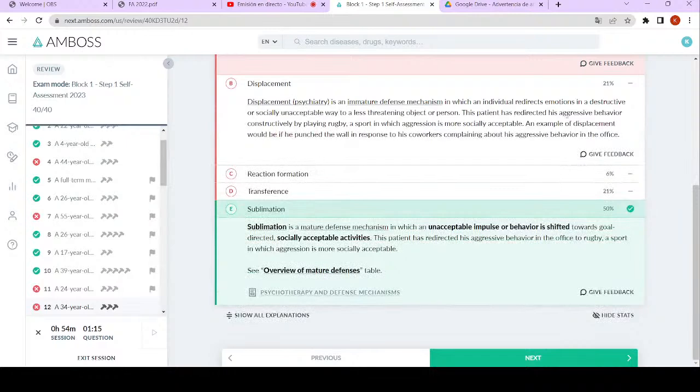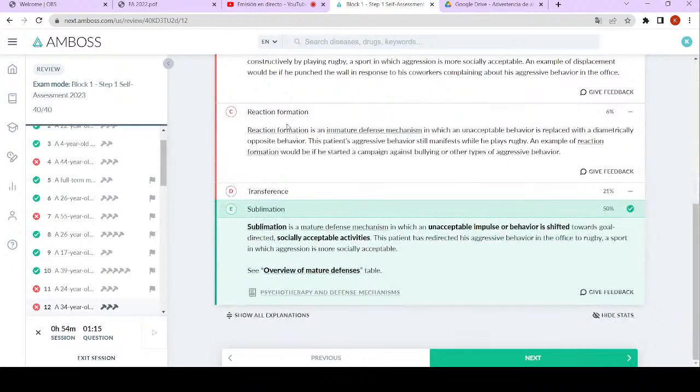Displacement is an immature one. He's aggressive, playing rugby, instead of punching the wall or his coworker. Reaction formation is when you make it bigger.